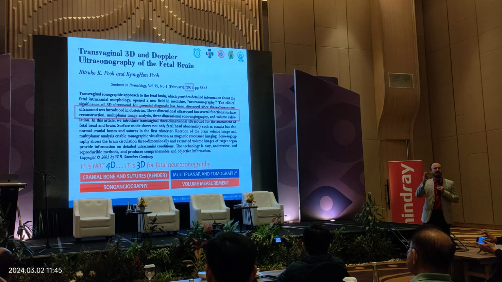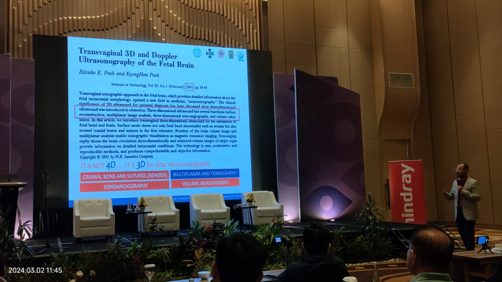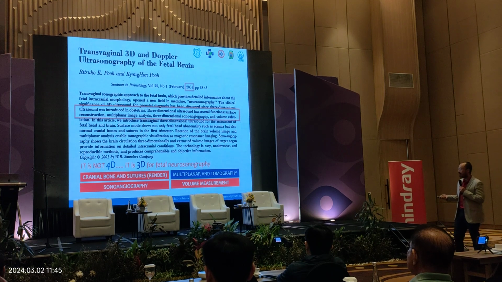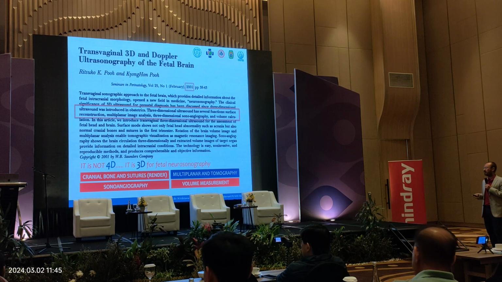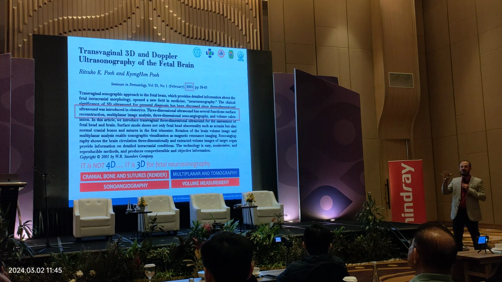This is the one we have to prominently use when doing three-dimensional ultrasonography examinations. The others are rendering, for making sure the cranial bone and structures are good, then vascularization, which we heard a lot about in the brain in the previous lectures, and volume measurement. I think these are the four most simple functions of three-dimensional sonography.